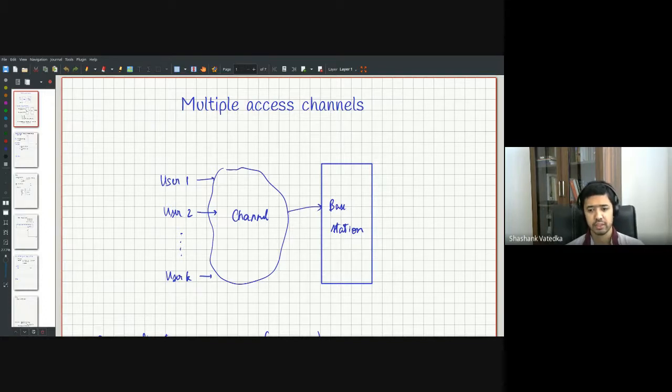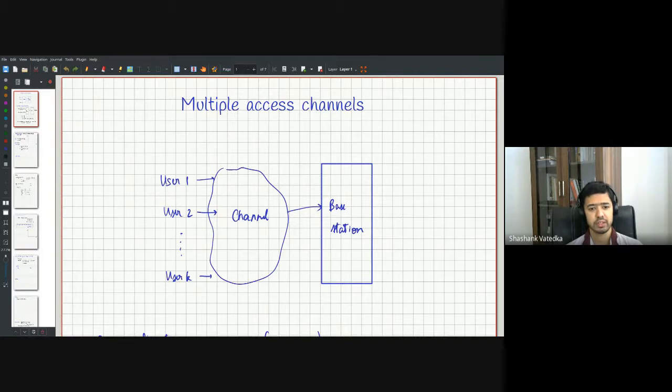And these, in some sense, model both the uplink and the downlink transmissions in, for example, cellular systems. And these are sort of the most basic building blocks of any multi-user channel coding scenario.